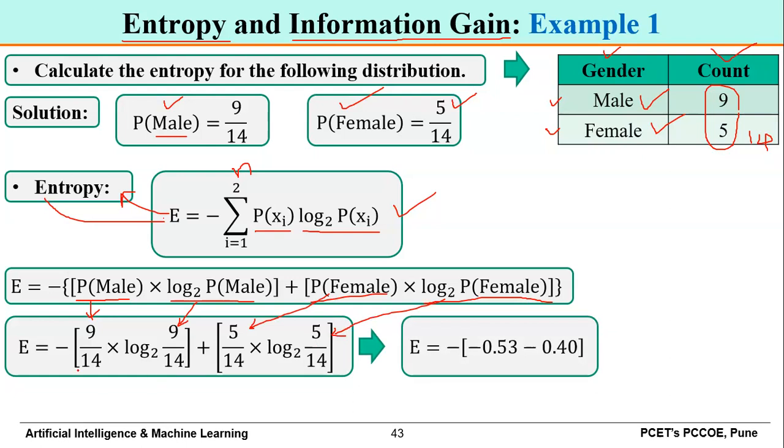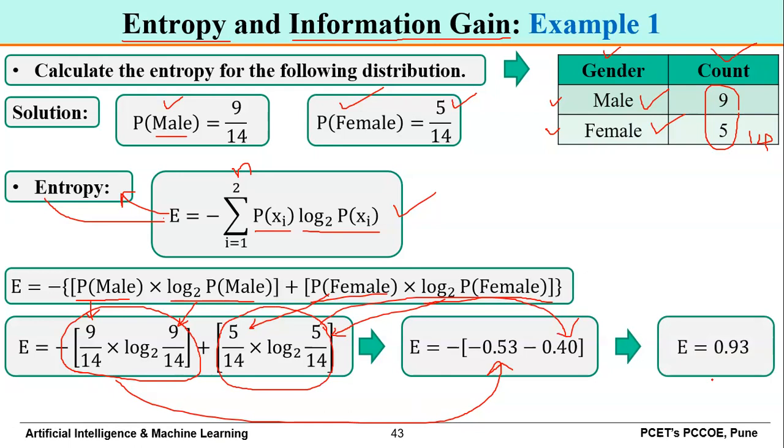the entropy for male candidate as minus 0.53 and the entropy for female candidate as minus 0.4, and the overall entropy E is equal to 0.93.